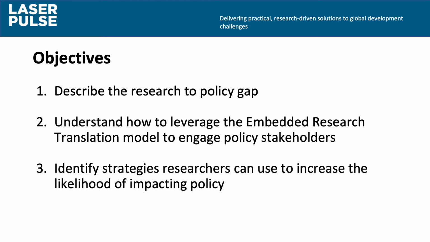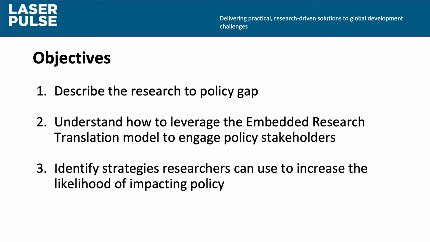There are three primary objectives of this module. The first objective is to describe what has been referred to as the research to policy gap, including what this gap is and why it exists. The second objective is to learn about the Laser Pulse model for embedded research translation and how it can be used to increase the likelihood that your research will make an impact on policy.